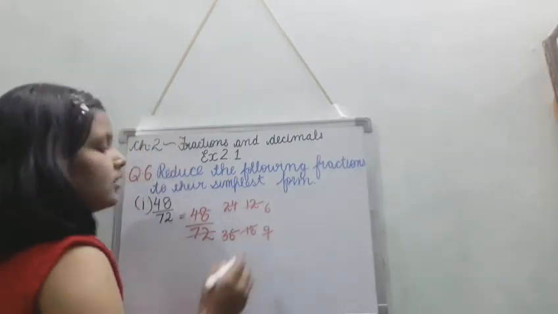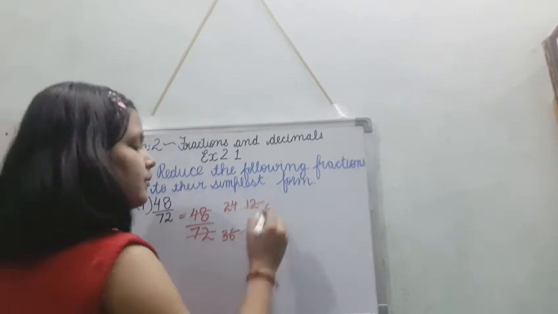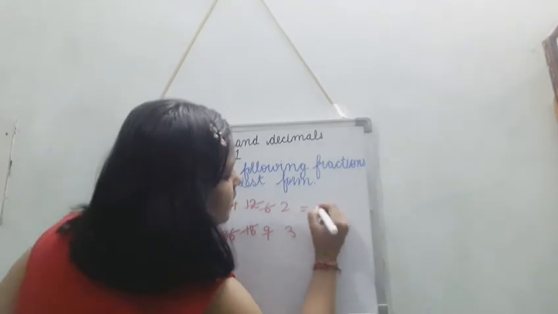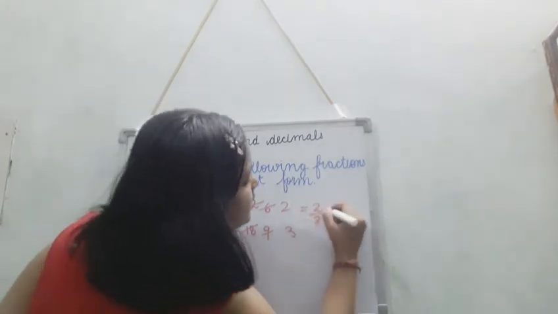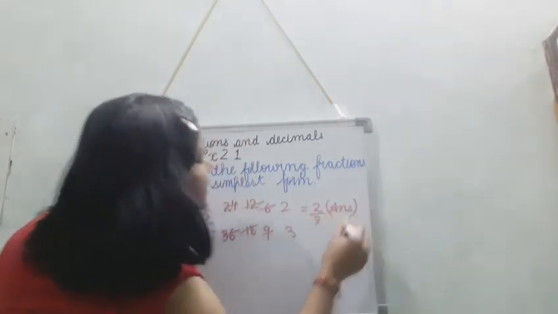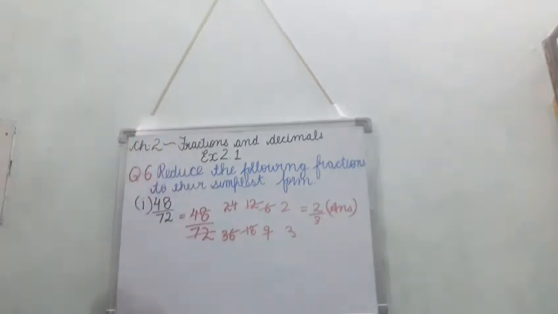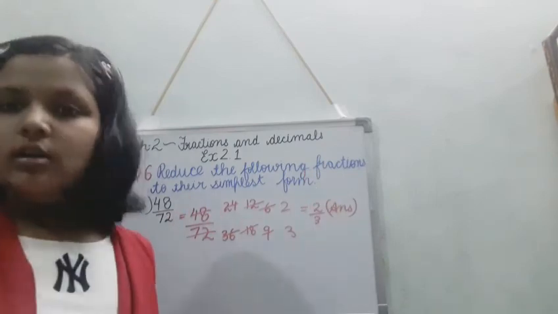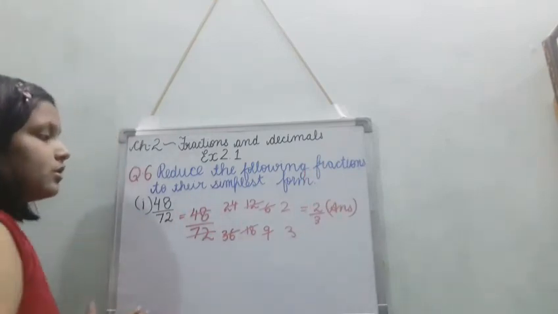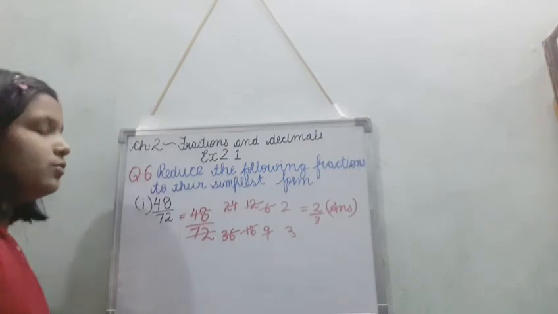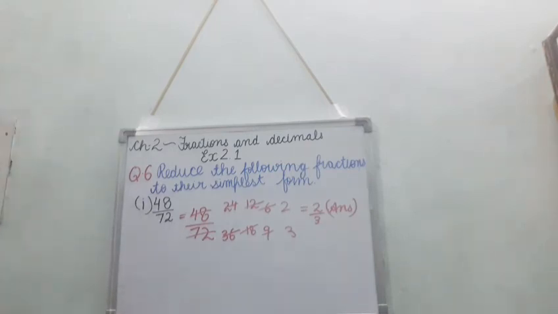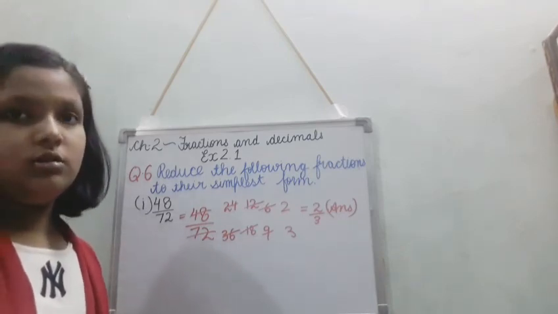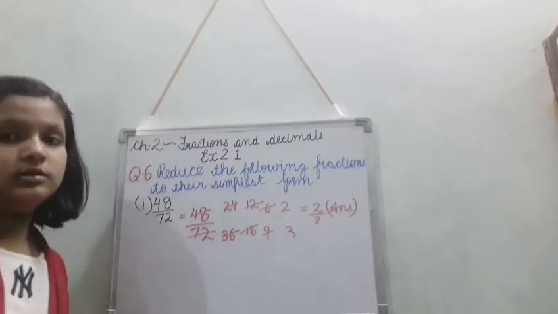Then when you divide 6 upon 9 by 3, it will be 2 upon 3, and this is the answer. For this you can simply also divide it by 24, then it will simply come 2 upon 3. If you want to do it like a lengthy sum, or you don't want to make a mistake, or you don't know the table of 24, then you can solve it by the 2 and 3 tables also. Means from the starting you can check.